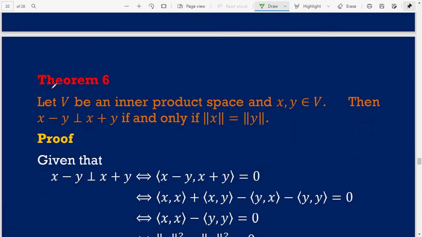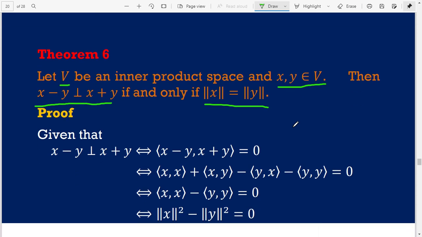Now the next theorem. Let V be an inner product space and x, y belong to V, then x minus y is orthogonal to x plus y if and only if norm x is equal to norm y.